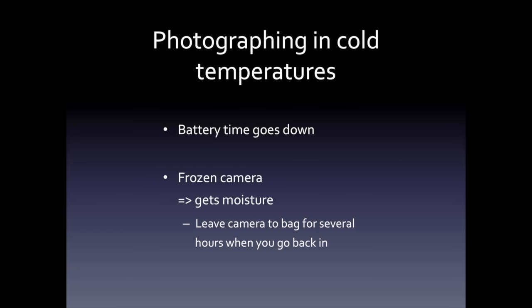Photographing in cold temperatures. There are mainly two things in photographing in cold temperatures. The first thing is that the battery life goes down. So if you take Nordic light photos, for example, I was shooting at -37 Celsius.